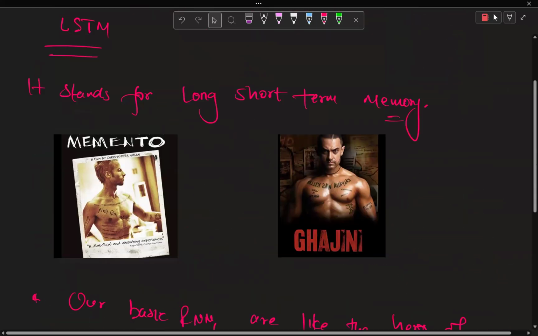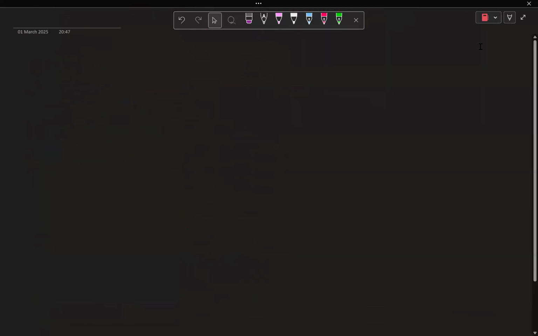So I'll just mention here how LSTM works.